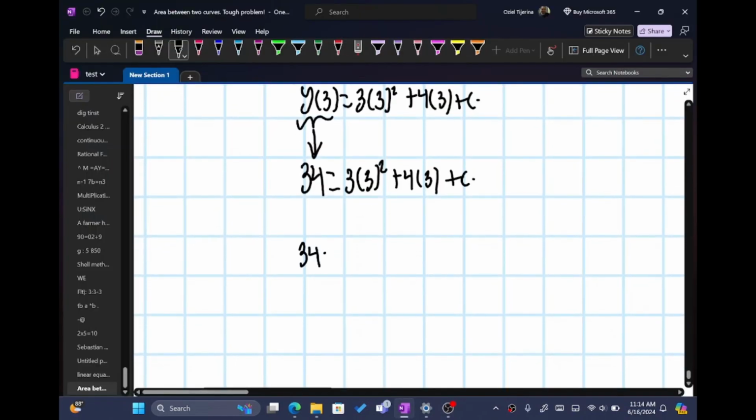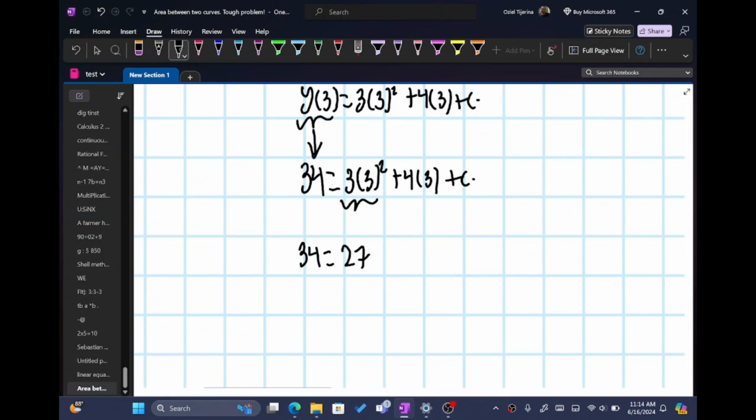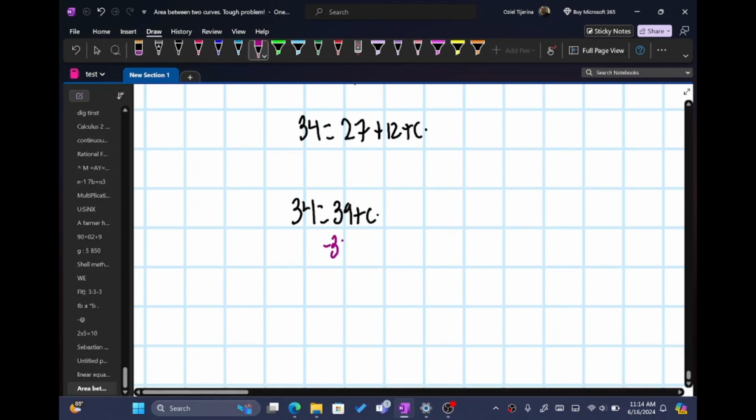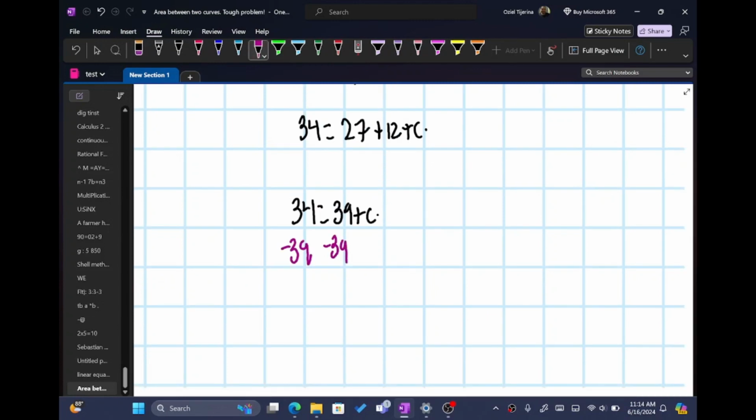So 34 is equal to 27 plus 12 plus c, and so 34 is equal to 39 plus c. If I subtract 39 on both sides, I end up getting c is equal to negative 5.